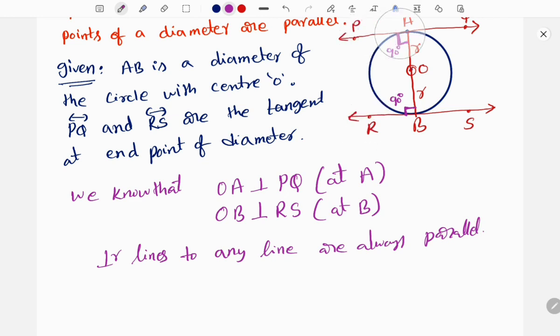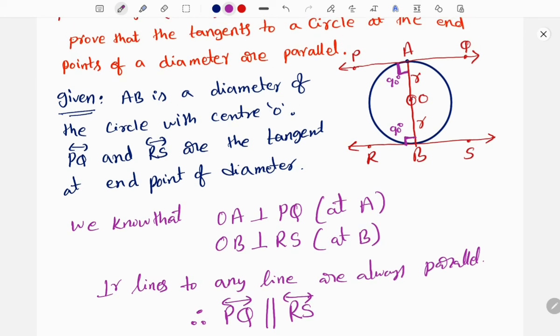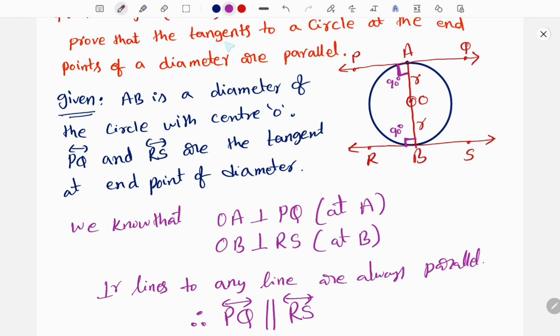Here PQ is perpendicular to AB, RS is also perpendicular to AB, and so they are parallel. Therefore PQ is parallel to RS. That is our question: prove that the tangents to a circle at the end points of a diameter are parallel. Yes, the two lines are parallel.